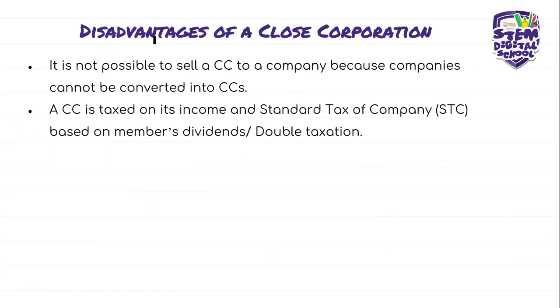Another bad thing about forming a closed corporation, boys and girls, is that it is not possible to sell a CC to a company, because companies cannot convert into CCs.